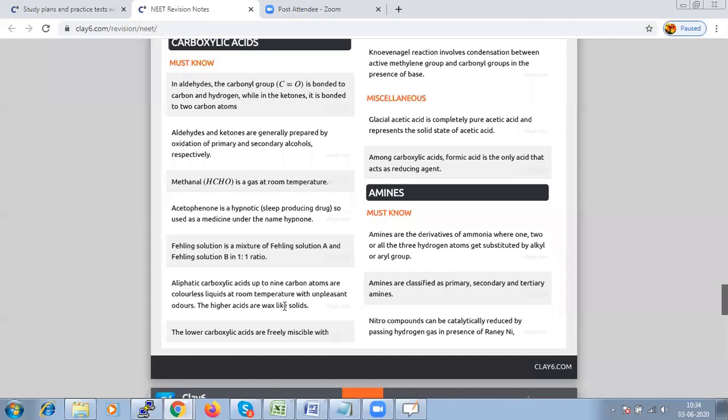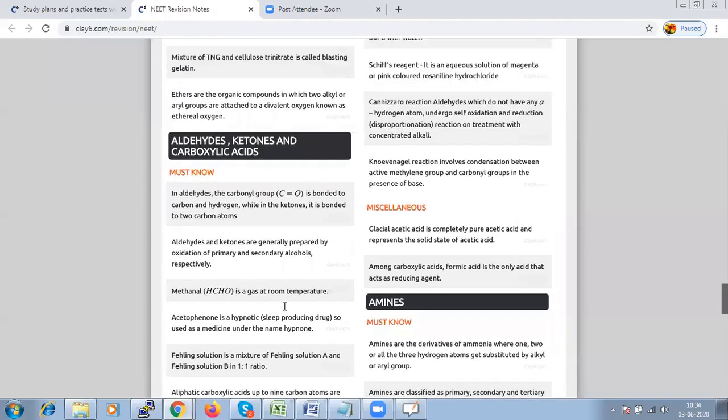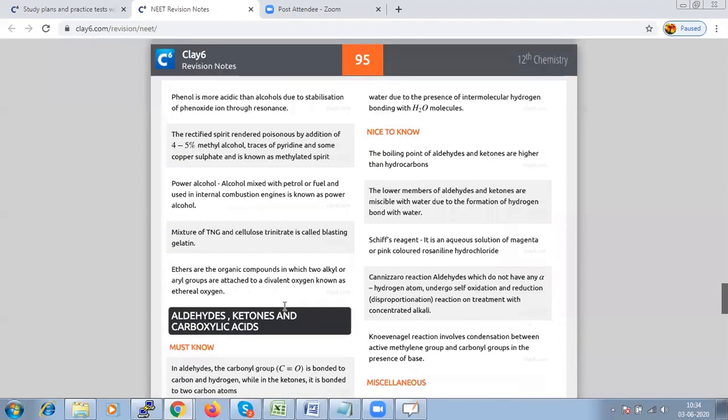The lower carboxylic acids are freely miscible with water due to the presence of intermolecular hydrogen bonding.